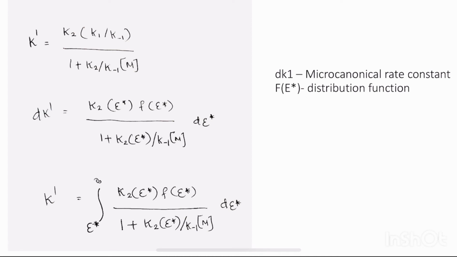Then to get k dash, we integrate between the minimum amount of energy epsilon 0 and the maximum amount of energy, infinity: k dash is equal to the integral from epsilon 0 star to infinity of k2 f of epsilon star, all upon 1 plus k2 by k minus 1 into the concentration of M, dE star.